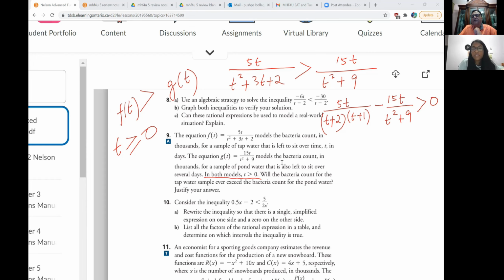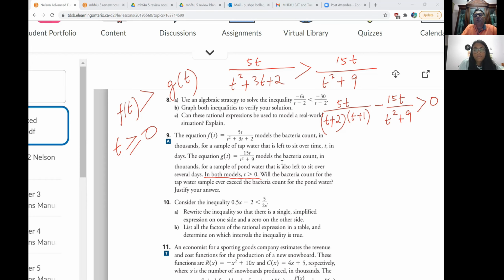Right. Okay? So now, let's try to analyze what happens as t approaches a very large number. Both of them will approach what?